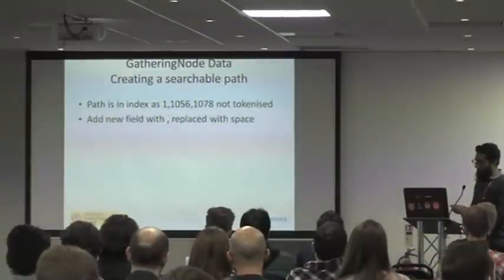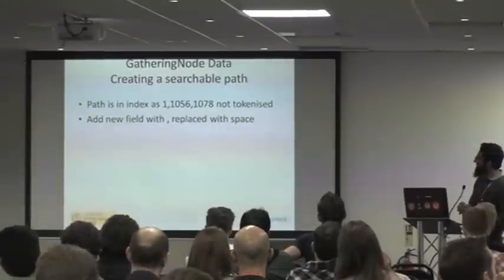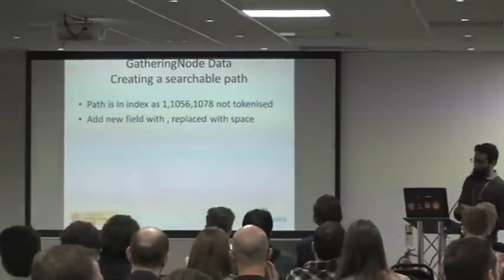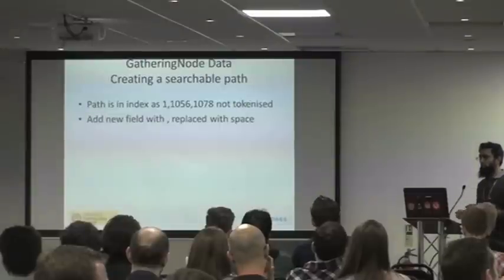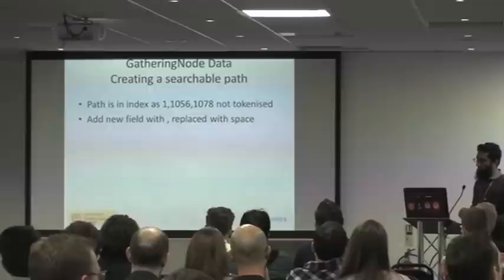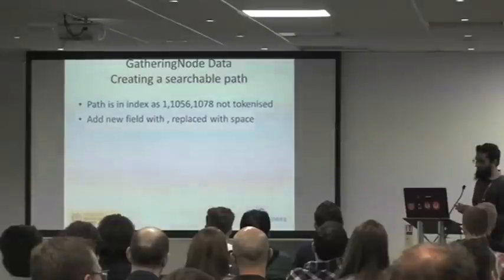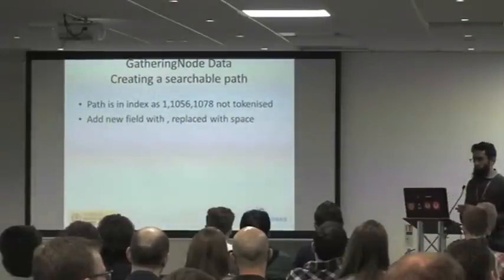So moving on to the searchable path, using gathering node data to be able to create a searchable path. The path field which comes from the node is there in the index as one of the core properties, but it's stuck in there as a comma separated list, so it's not searchable as such.